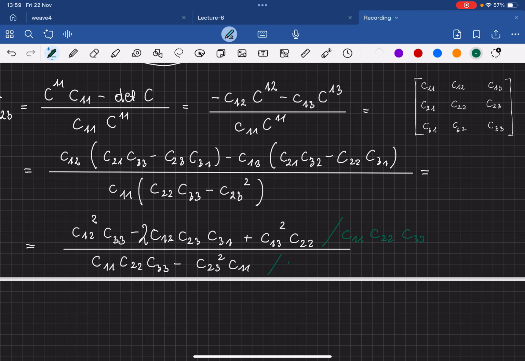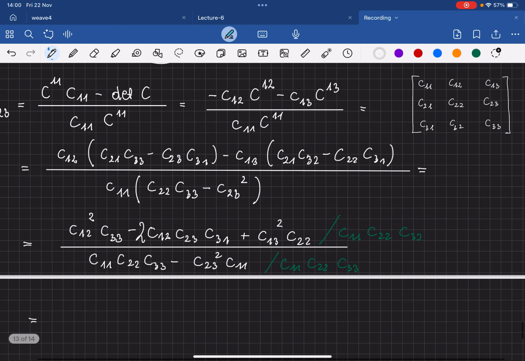And also here by C11, C22, C33. And we look what happens. In the first case, C33 cancels. And we are left with C12 squared and C11, C22.